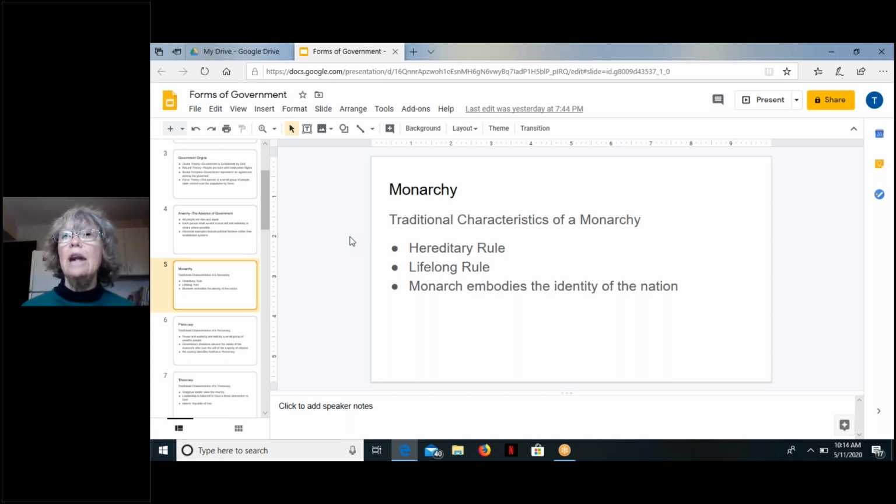The rule is lifelong. The king or queen rules forever, and then the title of ruler descends. And frequently, the monarch embodies the identity of the nation. In the people's eyes, the monarch is the nation. They're very, very closely aligned in the eyes of the people.